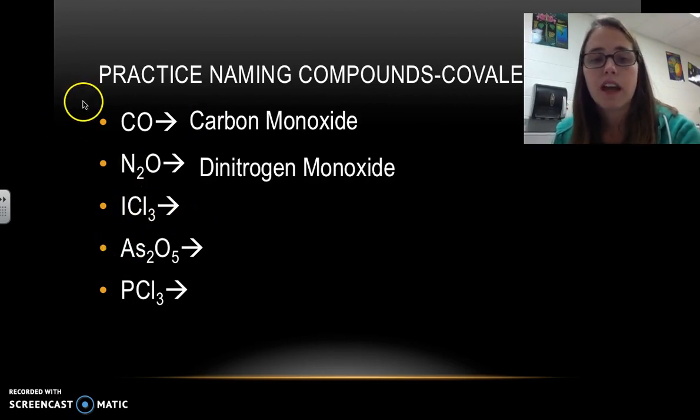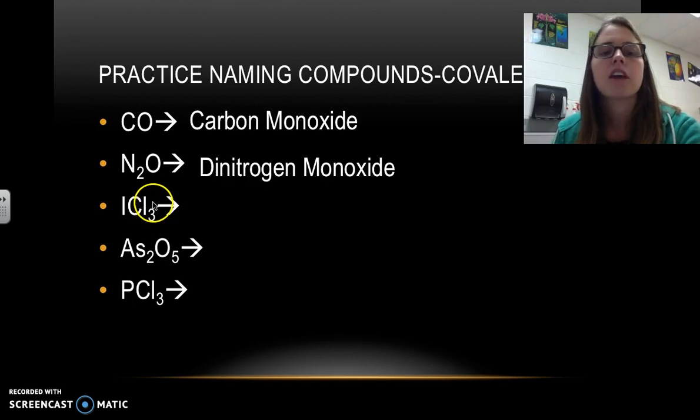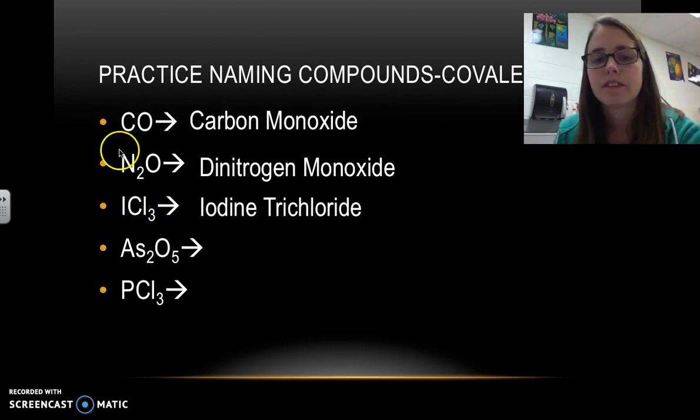Then again, we only have one iodine here, so it will be iodine, and then look, there's a subscript here, so there are 3 chlorines. So tri is the prefix for 3, and then chloride, so iodine trichloride. We have arsenic here and oxygen here.